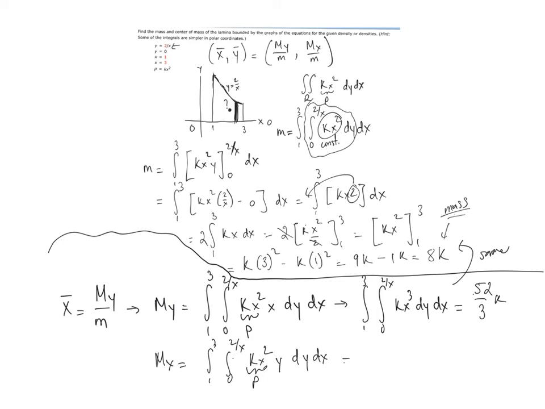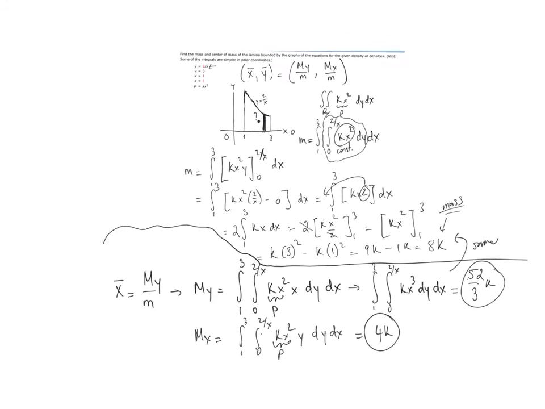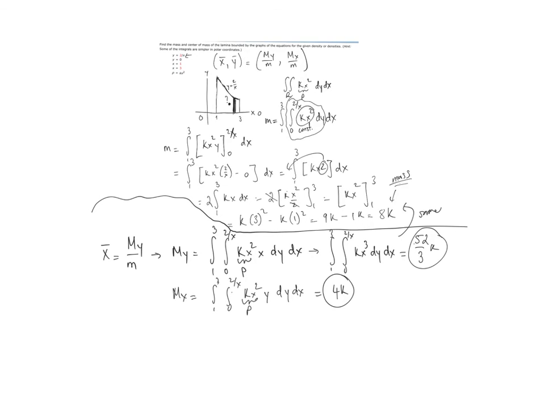Now this will become 4k. Now you have the My and the Mx. Now all you have to do is find the x bar and the y bar by dividing My and Mx by the mass.